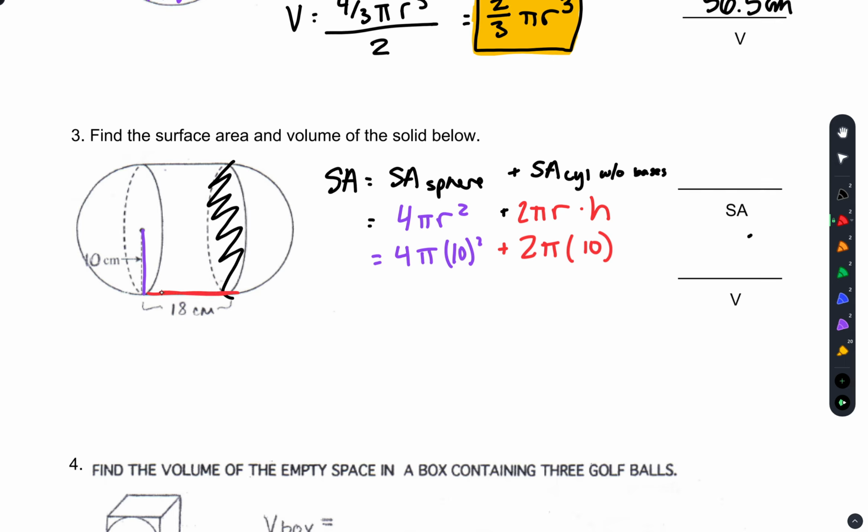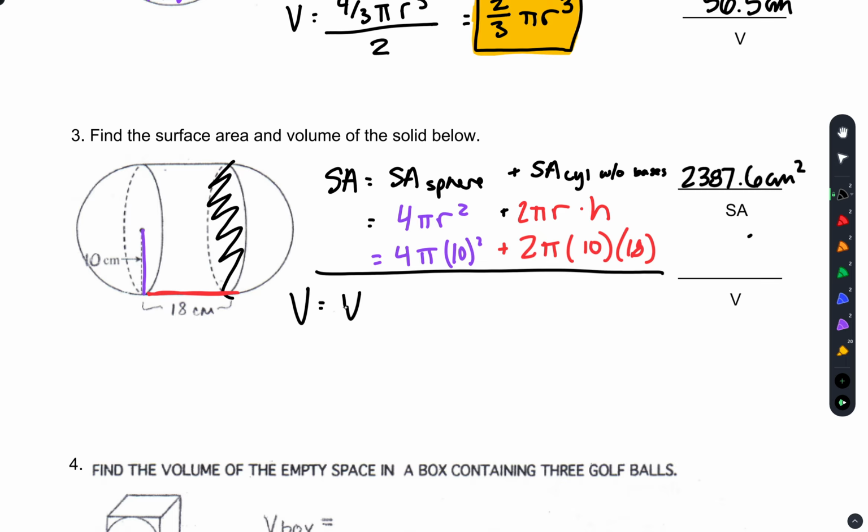The height of that cylinder is 18. Plug it in to your calculator. 2,387 is what I have. All good? Let's do volume.